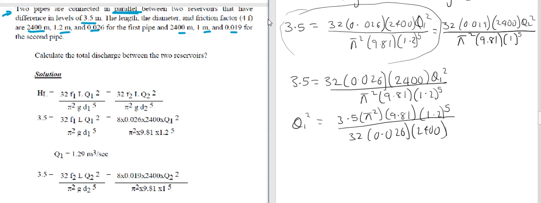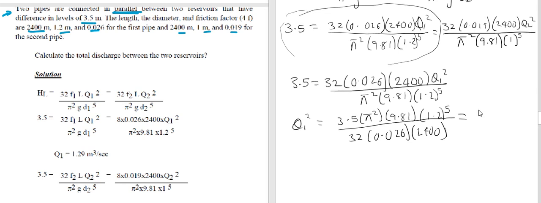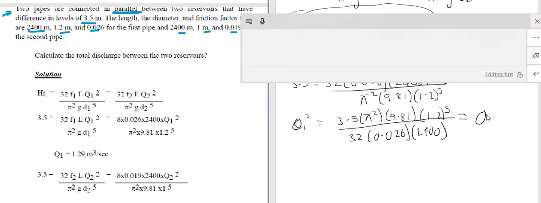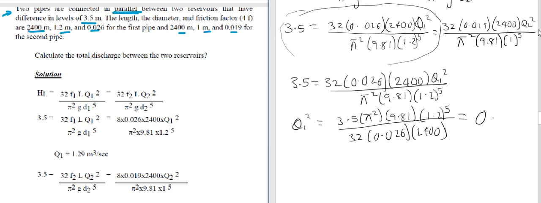This gives us 0.6498, and the square root is 0.4223. But that won't give me what is in my note.